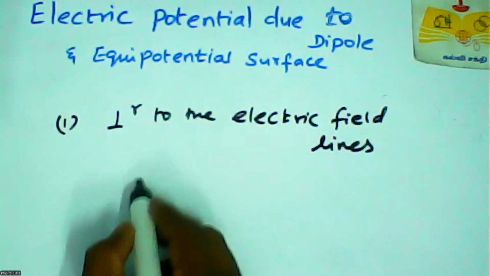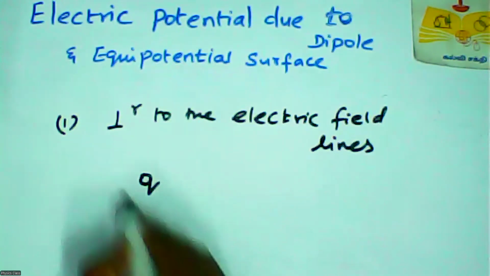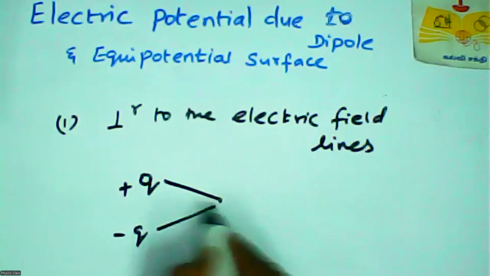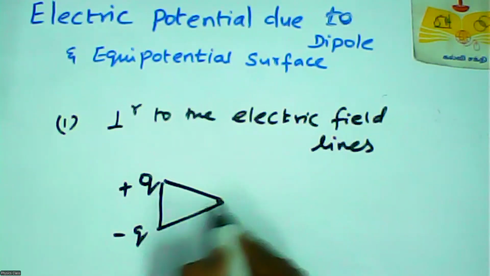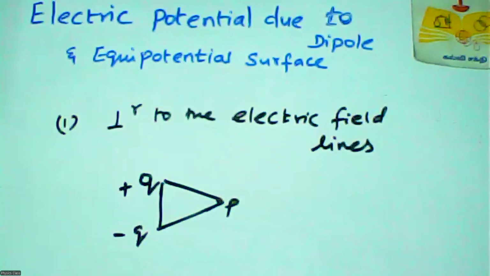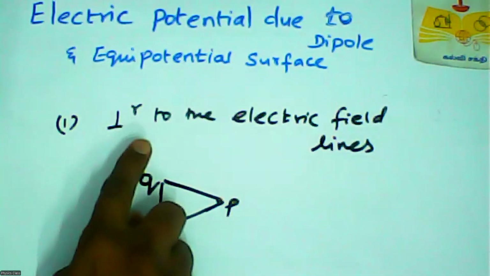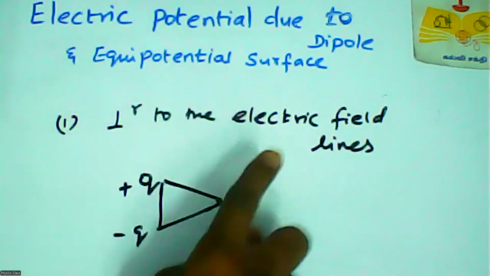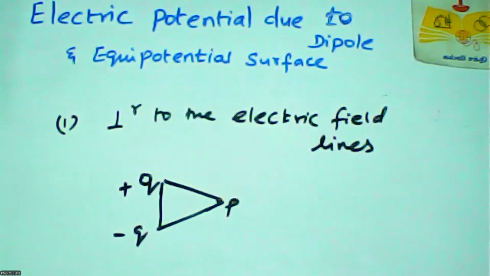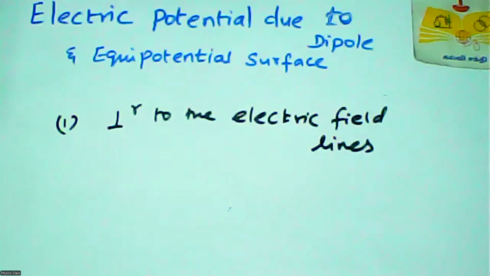Already you know what equipotential means: plus q and minus q, equal distance from both charges. So this is the equipotential surface. Because the electric field points in the direction of the steepest decrease in potential, there is no change in potential along the equipotential surfaces. So equipotential surfaces are always perpendicular to the electric field lines. This is the first key property.